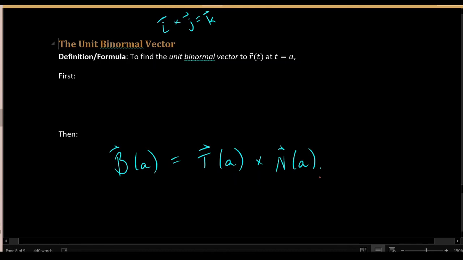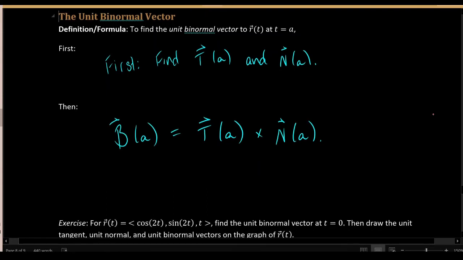Of course, in order to do this, you already need to have found the unit tangent and unit normal vectors. So generally speaking, the order of finding these vectors is very specific. The first thing that you need to do is find the unit tangent and the unit normal vector at that location. Then you can take their cross product and that will give you the unit binormal vector.